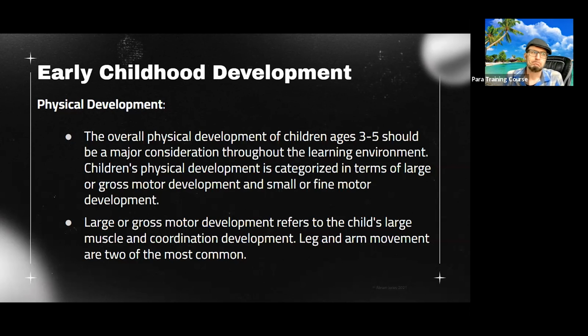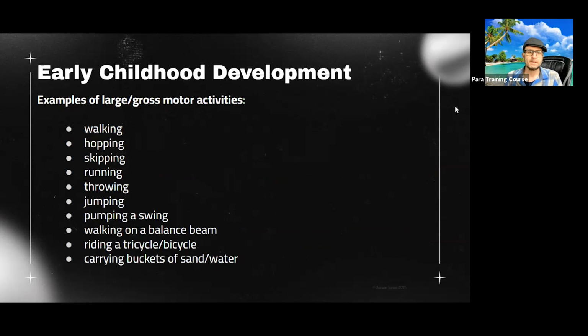So under this heading, you would have things like balance. We can think of the balance beam. That's a common fixture at play structures at middle elementary schools. Here are some more examples of large gross motor activities.